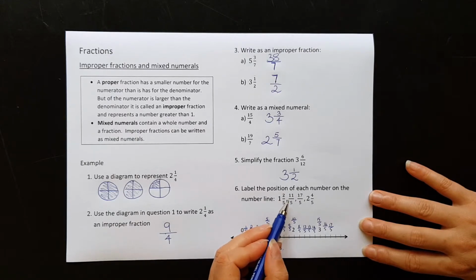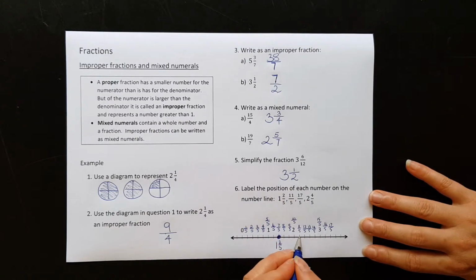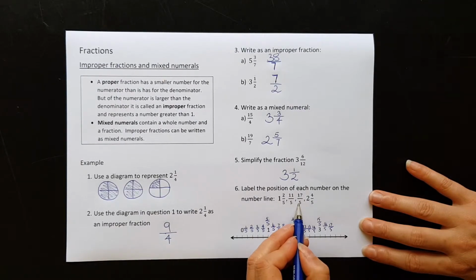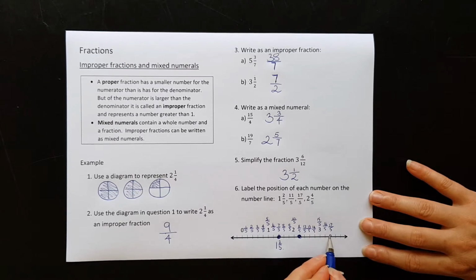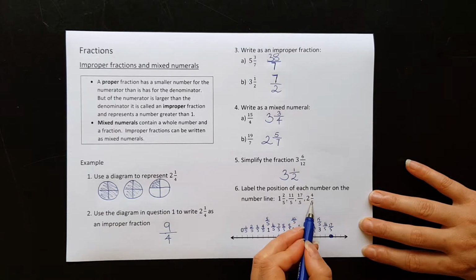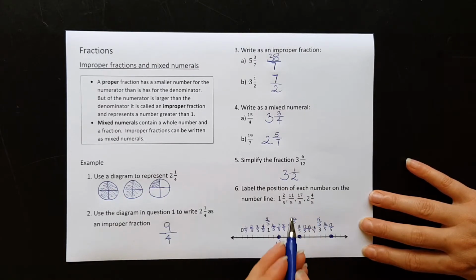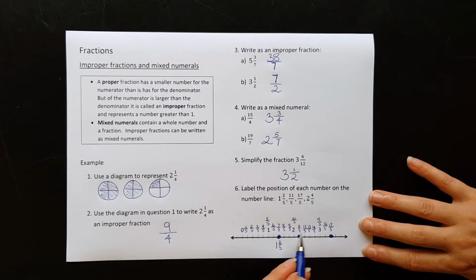11/5, that's the improper fraction, so that one is written down here, 11/5, right there. 17/5. Okay, yep, it's up here, 17/5, draw a dot there. And 2 4/5. So let's do the other way around this time. Let's count from here. There's the 2. So I would need to go up 4 lines up here. 1, 2, 3, 4.